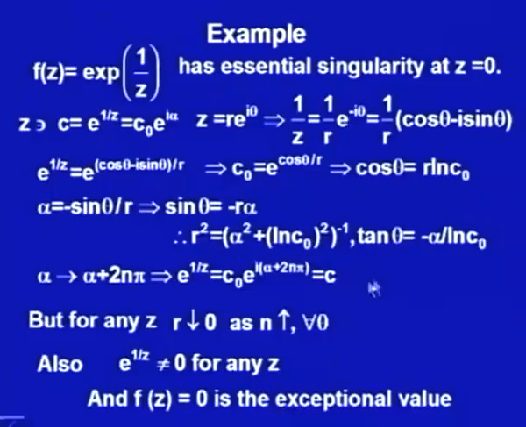So, if the function has an essential singularity at any point z naught, then in every neighborhood of z naught it will take all finite values infinitely many times, but for one value which it cannot take, and that value is called the exceptional value.